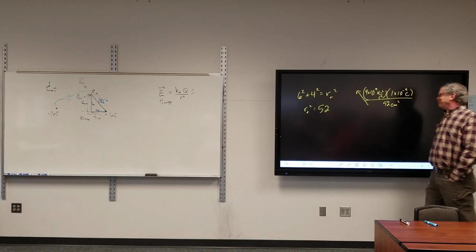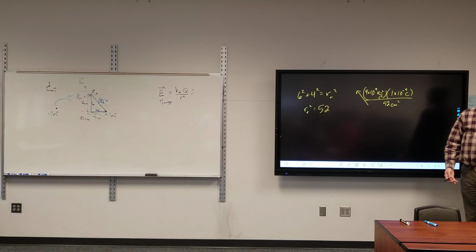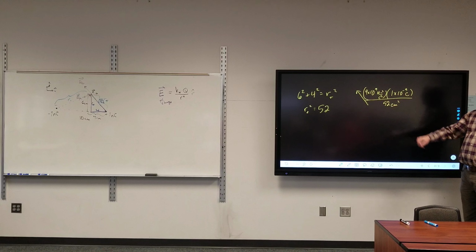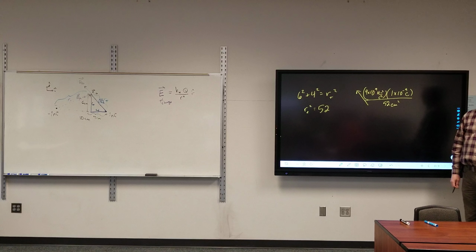All right. Now we're going to run into an issue here with units because I've got a meter squared and a centimeter squared. We probably should get them in terms of the same thing. Probably this one's easier. What is this in meters squared? 5.2. Or 0.52.